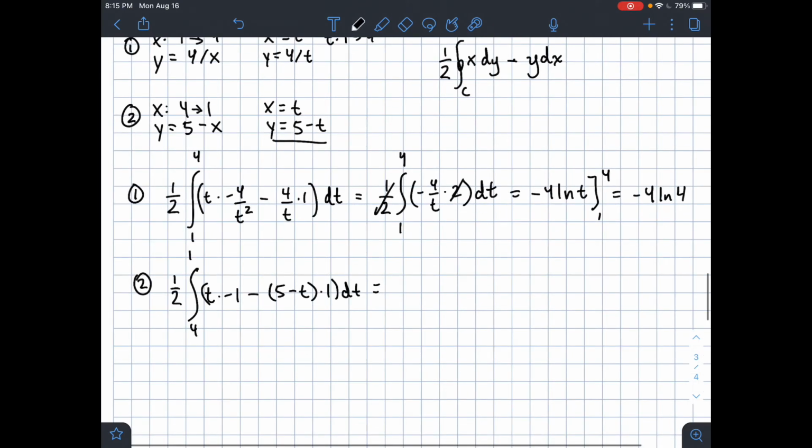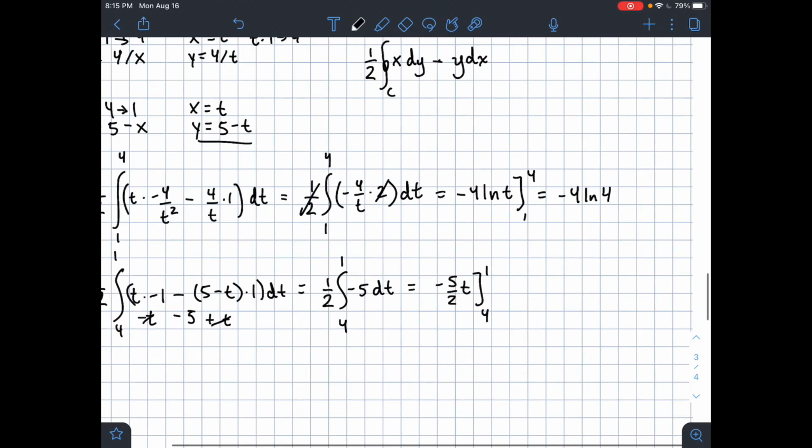And we simplify, so we get half the integral from 4 to 1. We see that this is negative t minus 5 plus t, so the t's cancel out, and you end up with negative 5 dt. And when we integrate, we get negative 5 over 2 t, and we substitute 1 and 4, so that we get negative 5 over 2 plus 20 over 2, which gives us 15 over 2.